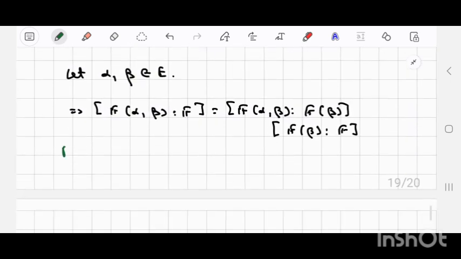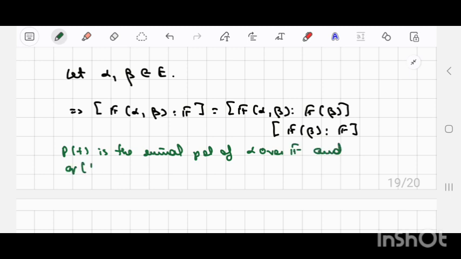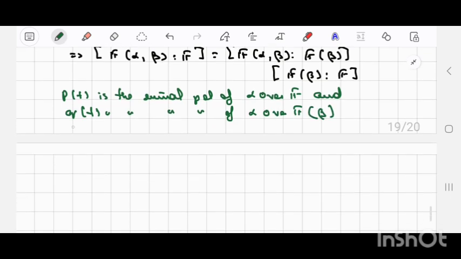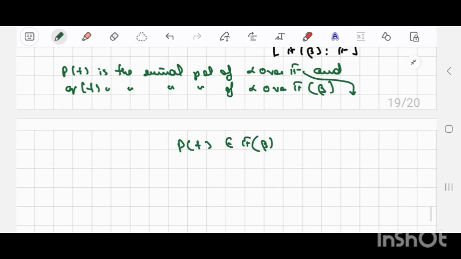Now let's say P(t) is the minimal polynomial of alpha over F and Q(t) is the minimal polynomial of alpha over F beta. If P(t) is the minimal polynomial of alpha over F, then P(t) is also in F beta, and Q(t) is the minimal polynomial of alpha over F beta. Can't I say that Q(t) divides P(t)?